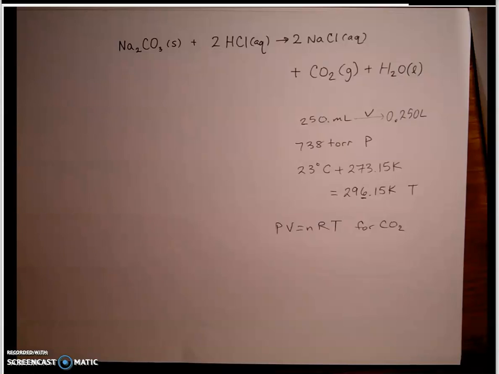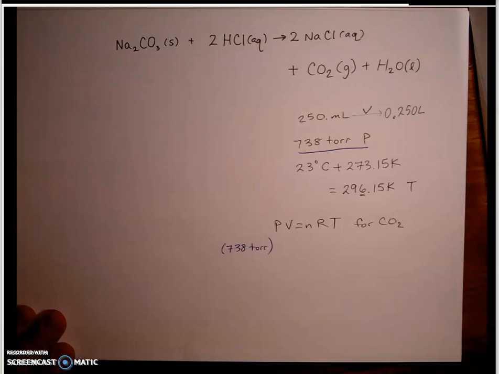So let's plug in our pressure, 738 torr, into the equation. What we're trying to solve for is moles, so that we can go back and calculate moles of sodium carbonate with stoichiometry.